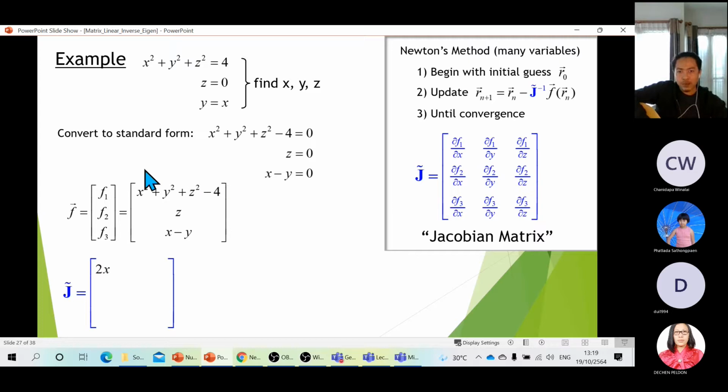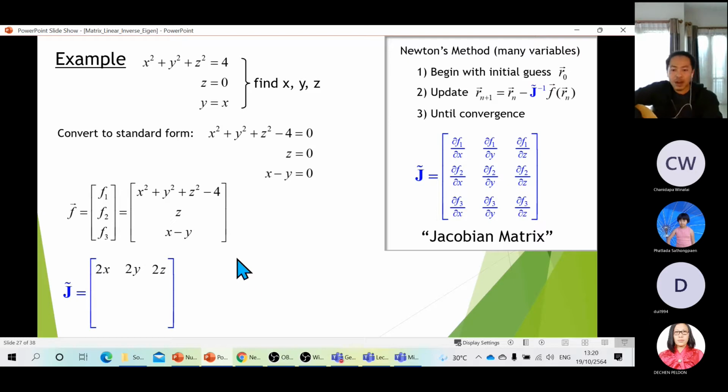You take the derivative, you move the number 2 down here, and it becomes 2x for the first element. The next element will become 2y. To take the derivative with respect to y, you get 2y. Forget about this x here because we are talking about the y derivative at this point. For z, you get 2z.